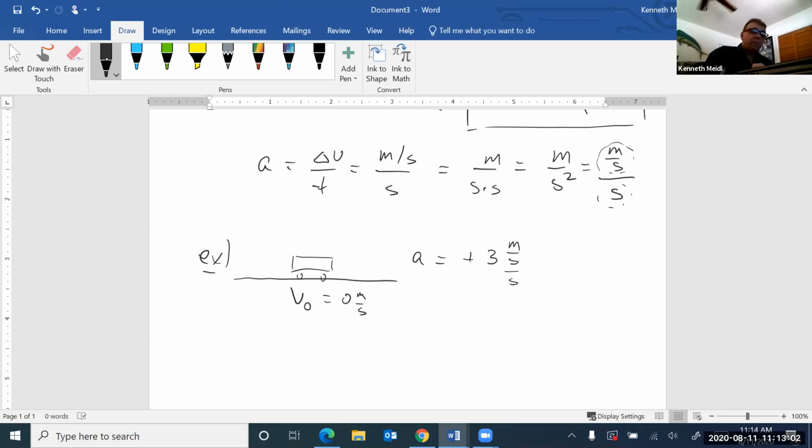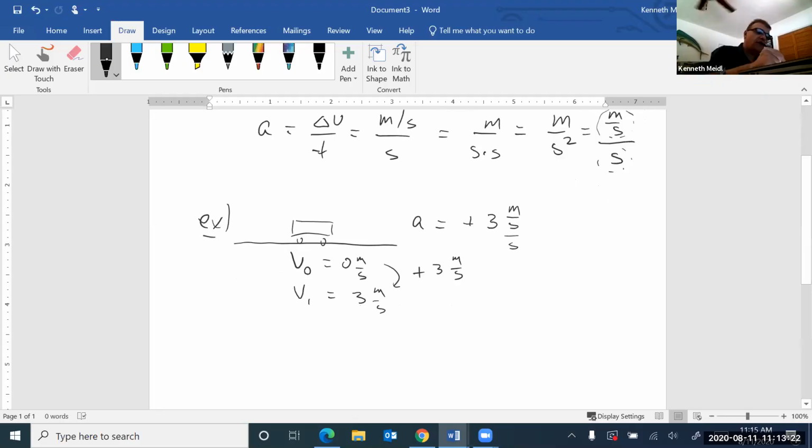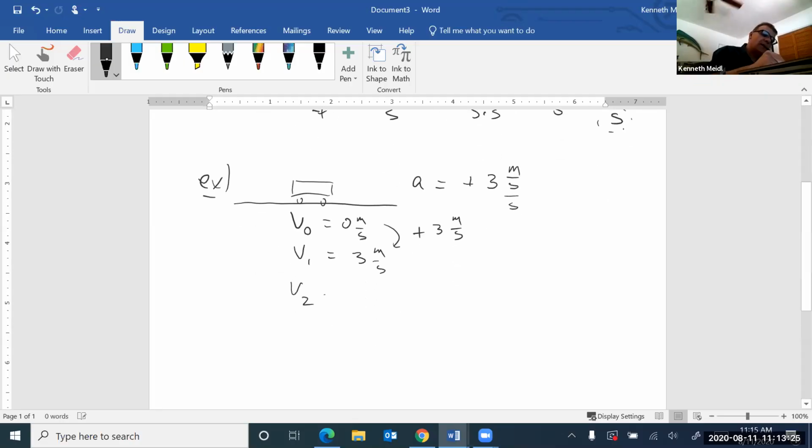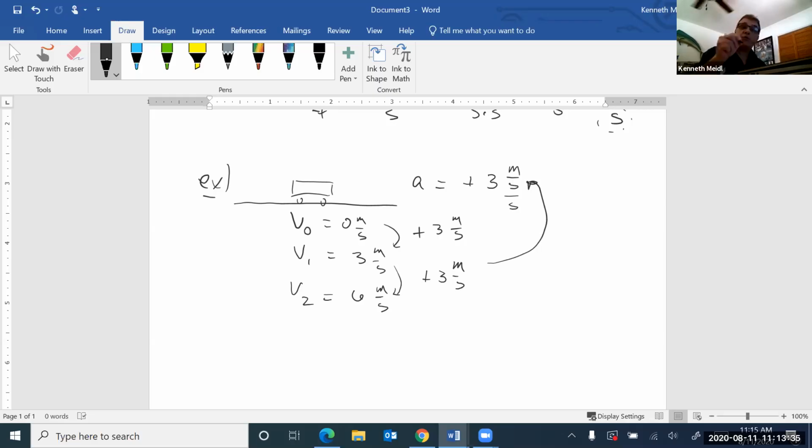What that means is that after stepping on the gas pedal for 1 second, this car is now going 3 meters per second. In other words, I added 3 meters per second for every 1 second that the car is traveling. So after 2 seconds, this car is going to be up to 6 meters per second. I'm going to add 3 meters per second, because that's what this says.